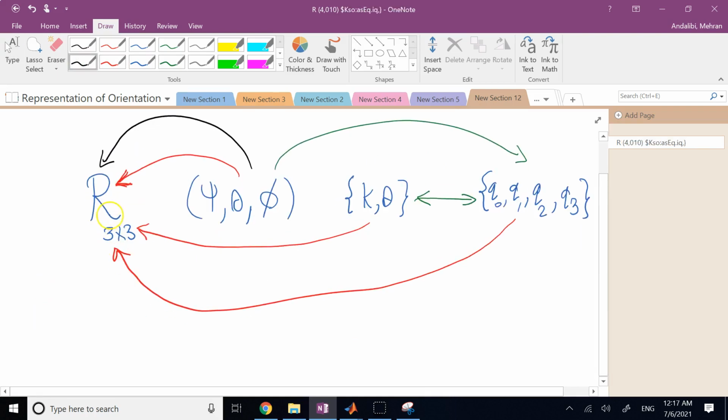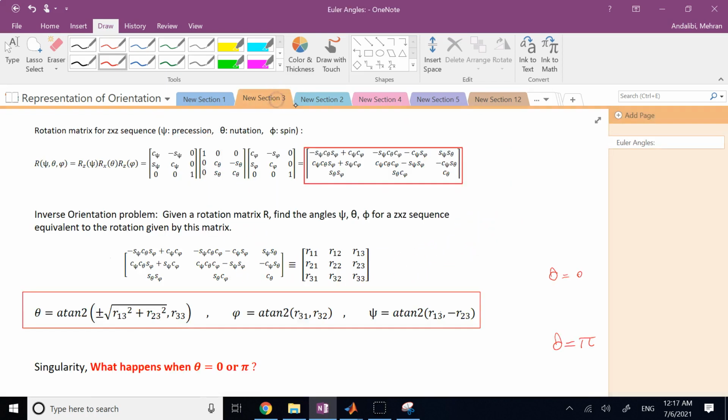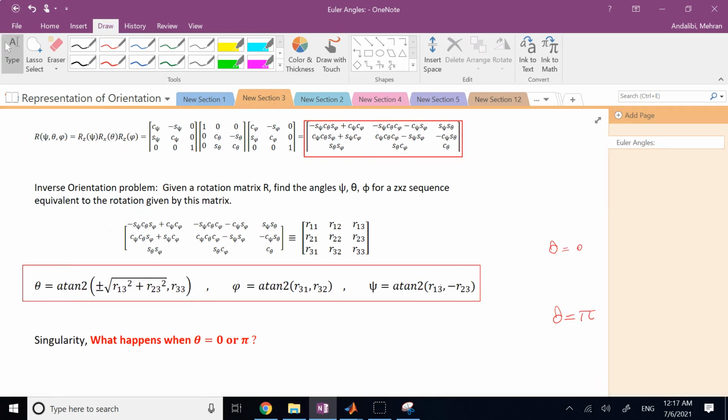And since from rotation matrix, you can go also back to all of them. So not only you can go from Euler to rotation, you can go back from rotation to Euler, you can go back from rotation to k theta, and you can go back from rotation to quat, right? All of these formulas are the inverse orientation problems I gave you a formula for, right? So this is the inverse for Euler.